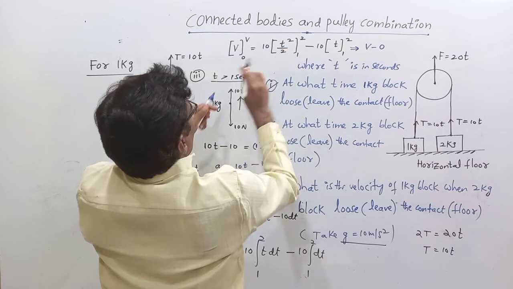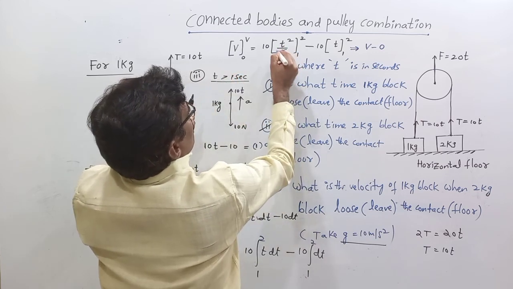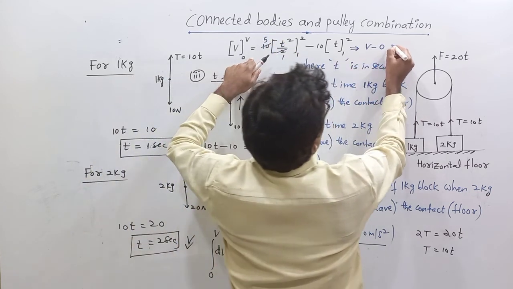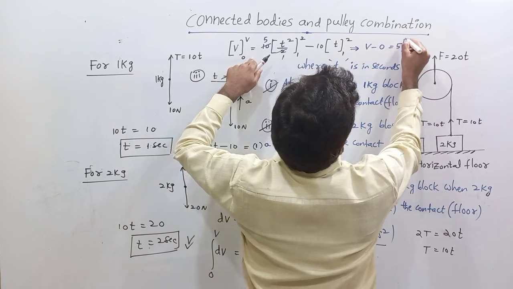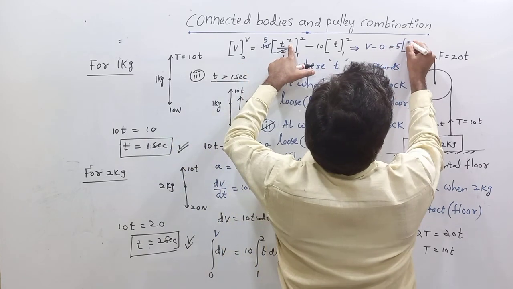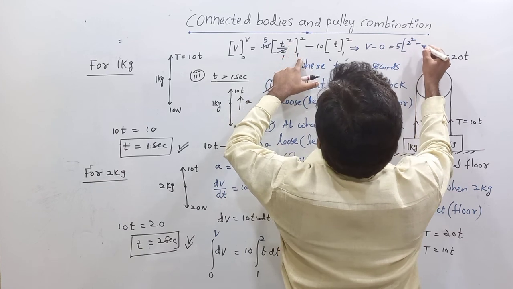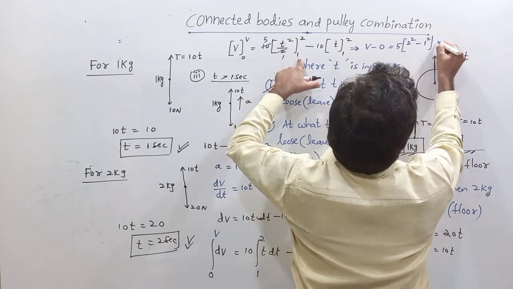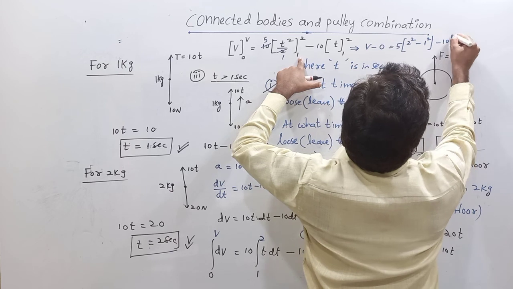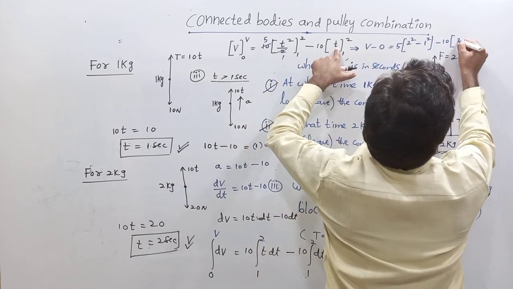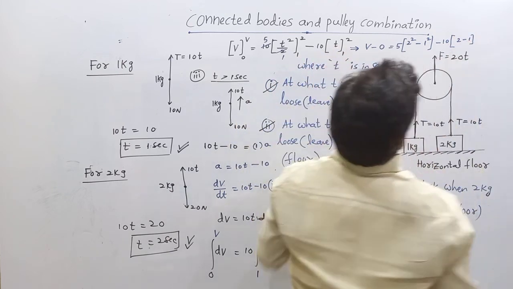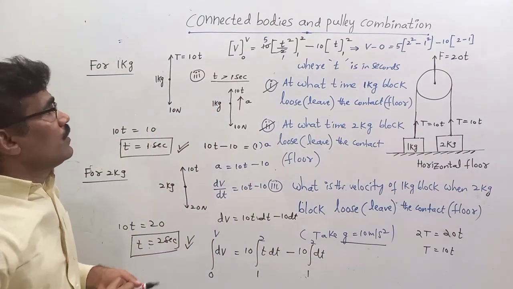This is 5 into t square, that means 2 square minus the lower limit 1 square, minus 10 into 2 minus 1. Clear?